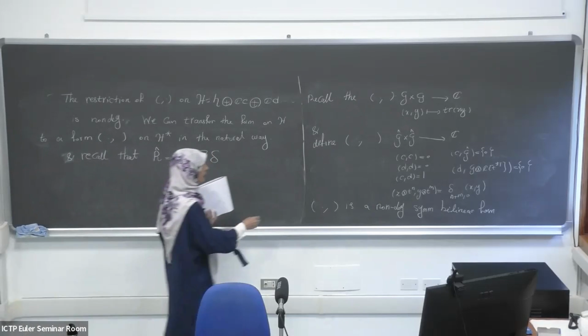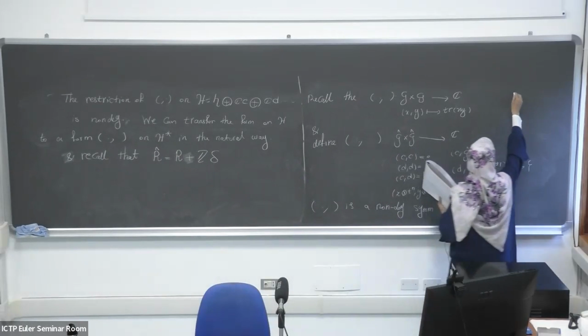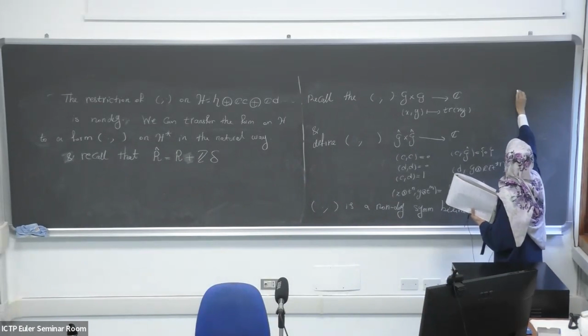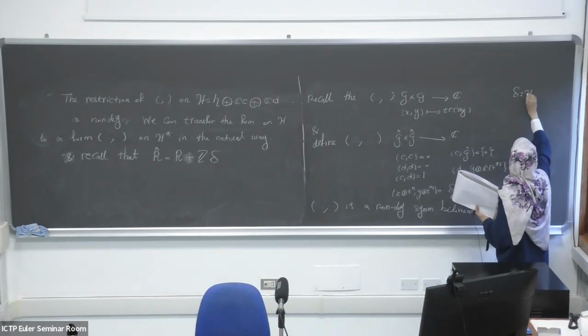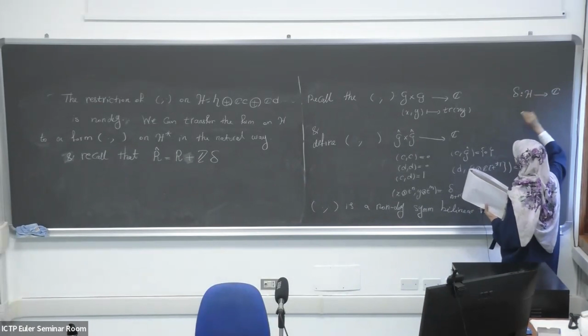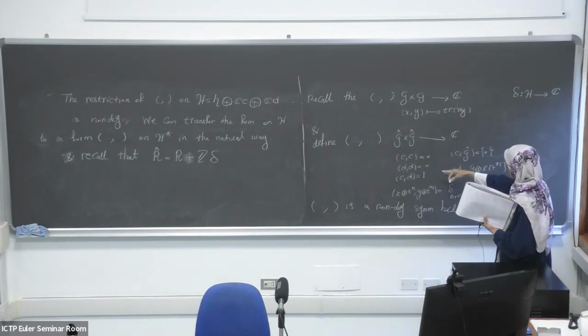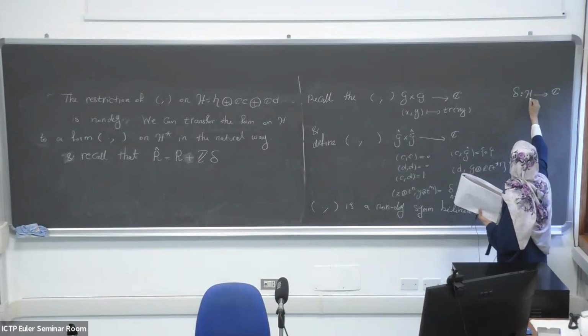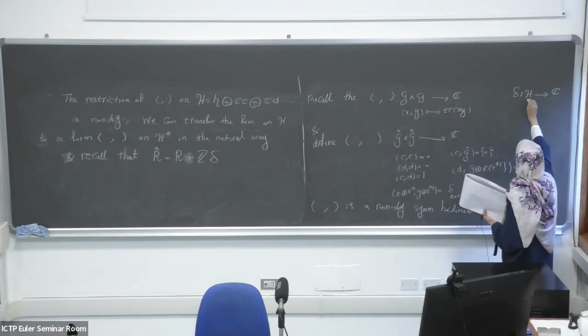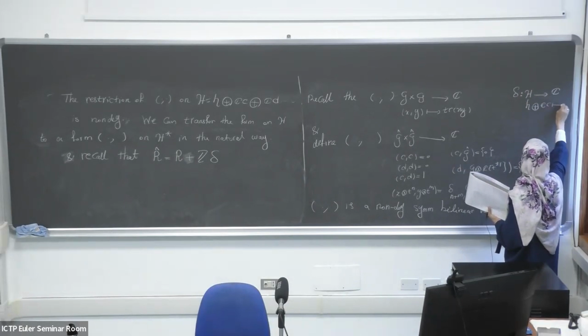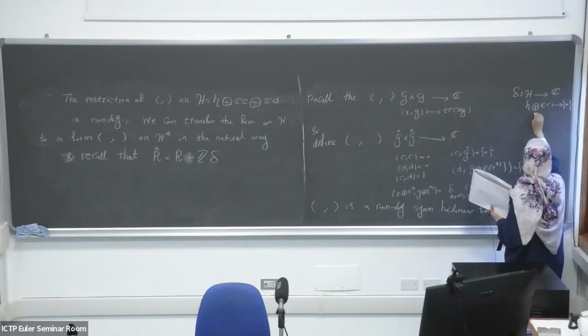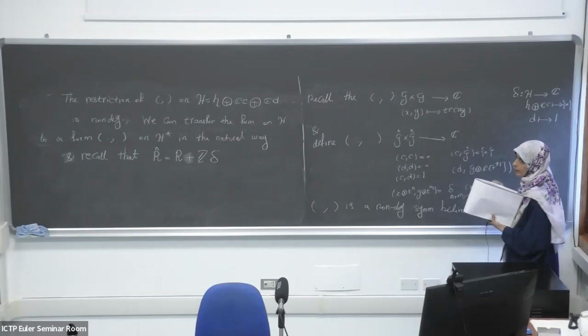Okay, let me tell you. Delta is a linear form from H to C. And this delta maps H direct sum CC to 0 and maps D to 1.